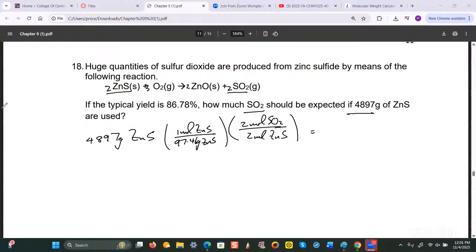Actually, one more step is needed, and that would be to find the grams of sulfur dioxide. So that means you have to multiply this by the molar mass of sulfur dioxide, which is 32 point something. Let me get the exact.